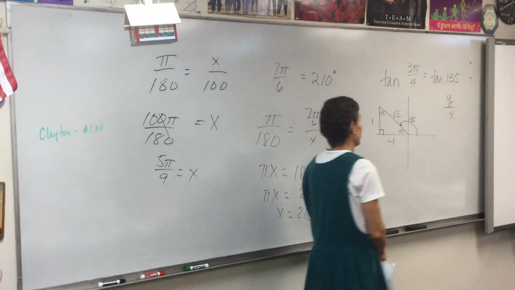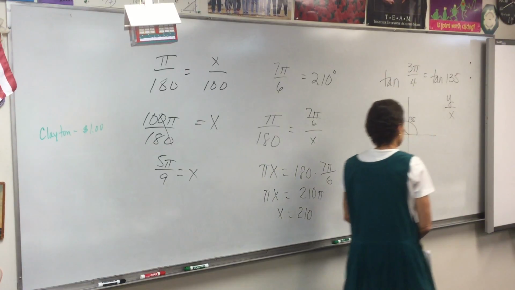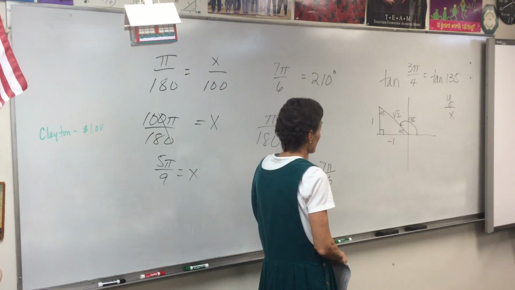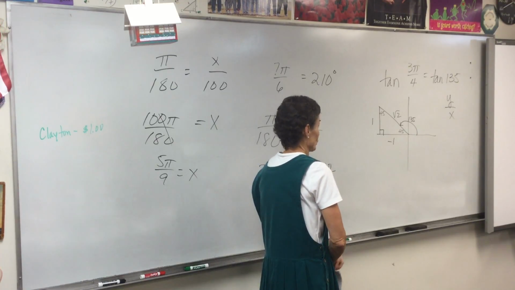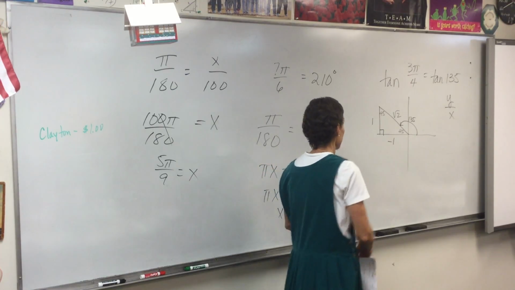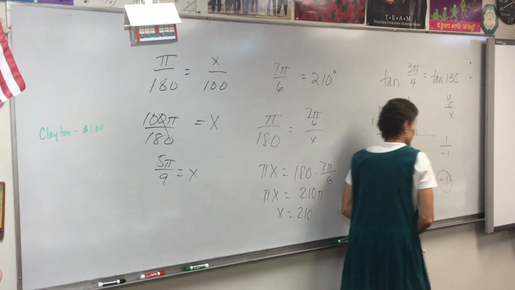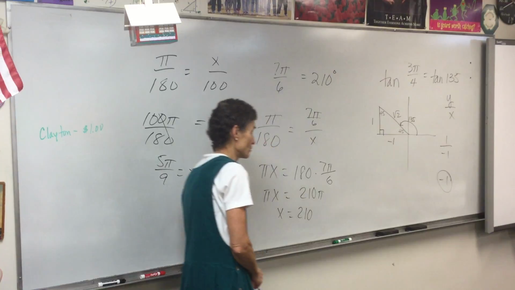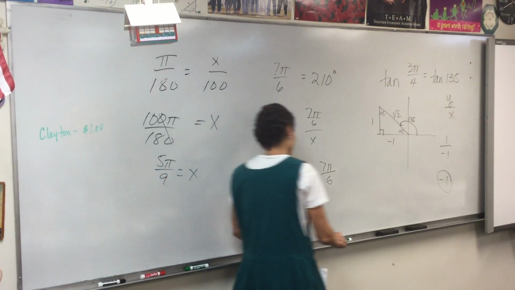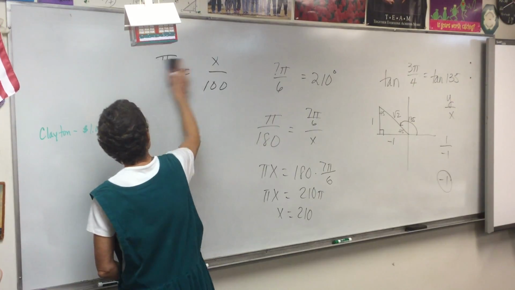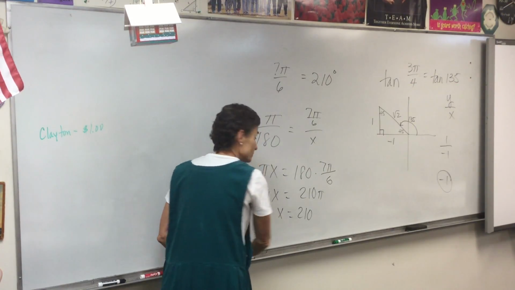Either way you do it, y over x is going to be 1 over negative 1, which is negative 1. So the tangent of 3 pi over 4 is negative 1. Anybody have a question about that one?